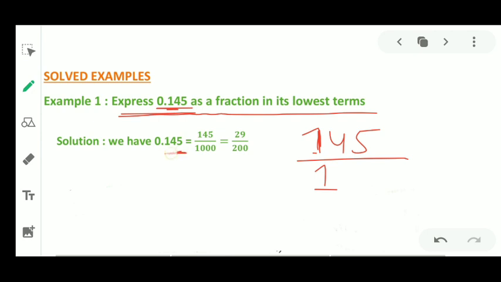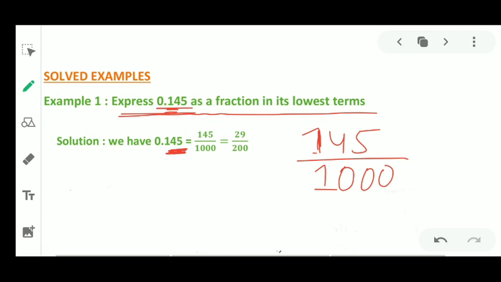Here there are 3 digits present after the decimal point. So you have to put 3 zeros. If you have 2 digits after the decimal point, then you have to put 2 zeros. Like that you can convert decimal numbers into a fraction.